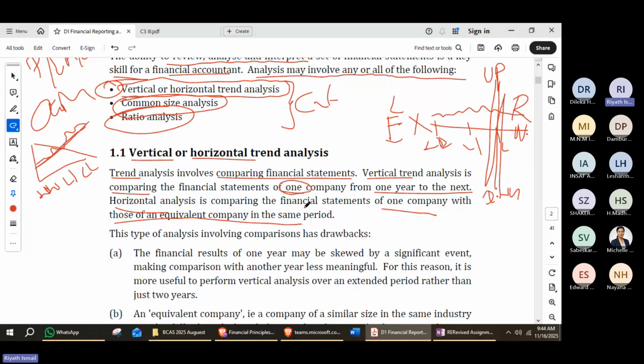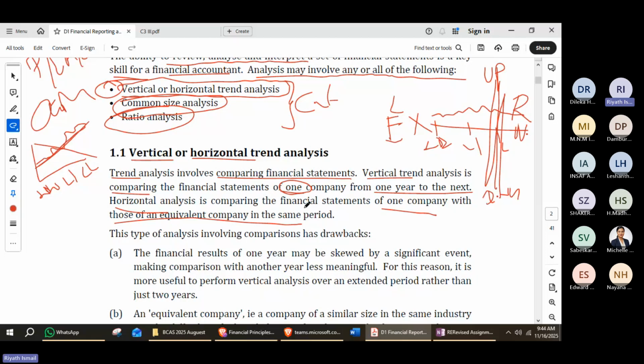That is horizontal analysis. Comparing your earnings 10 years ago, 5 years ago, last year, this year, and the potential of your earnings by next year, this is vertical. Right, vertical and horizontal.